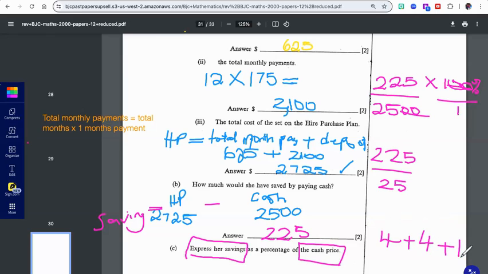Now if I add up all of them, you would have 9. There are 9 25-cent pieces in $2.25, which means to express her savings as a percent of the cash price, you would have 9%. There it is.